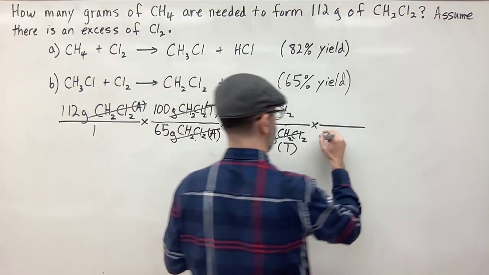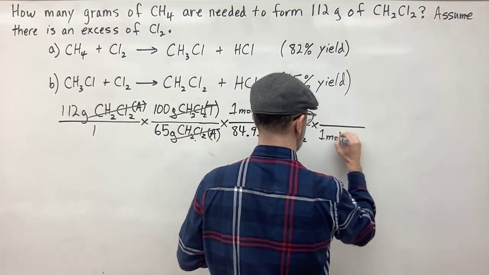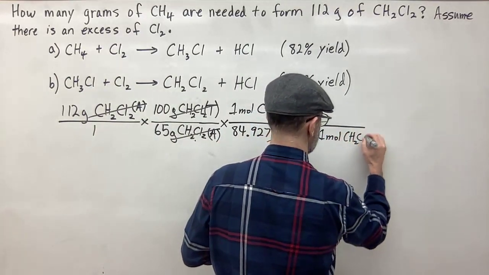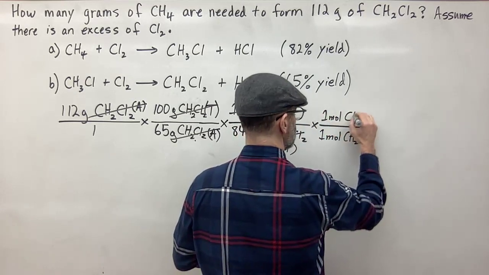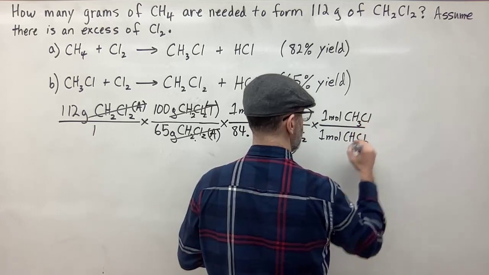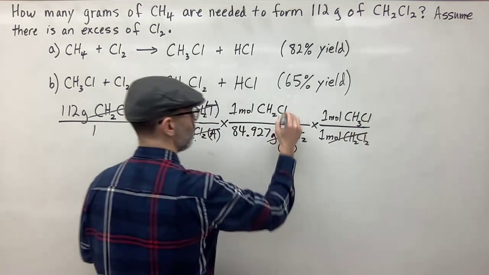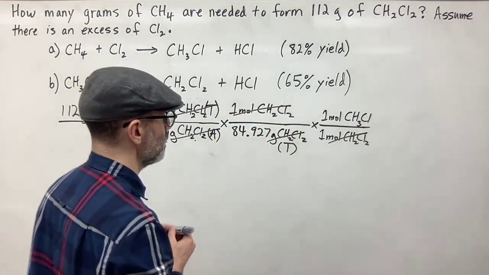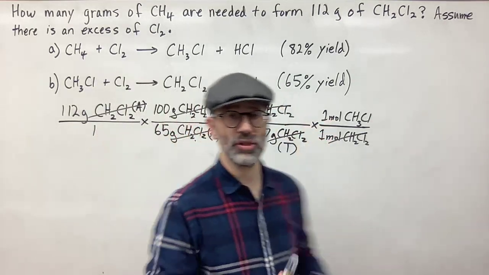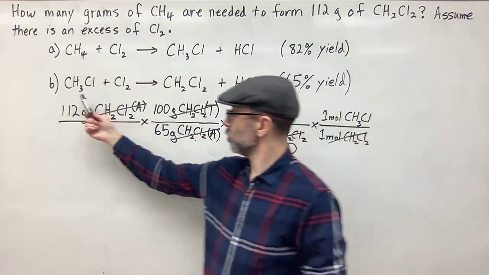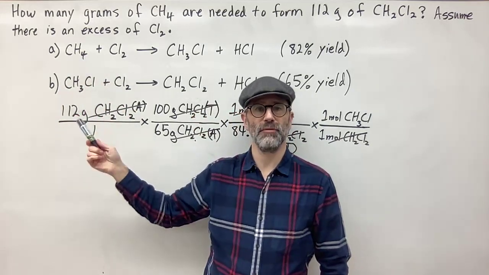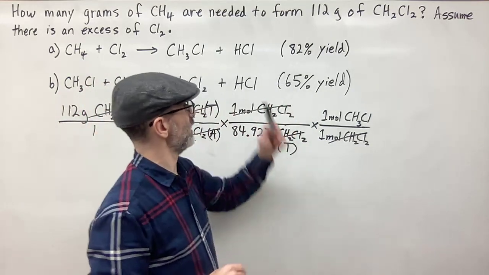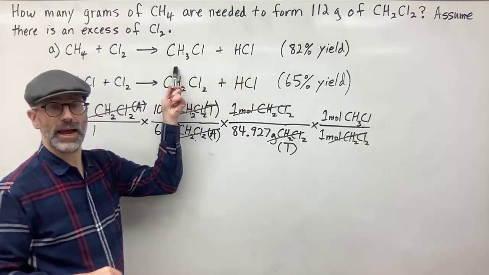So 1 mole of CH2Cl2 and 1 mole of CH3Cl. And so the moles cancel out, and so now I have moles of the chloromethane. So now where did this chloromethane come from? This chloromethane came from this reaction here.